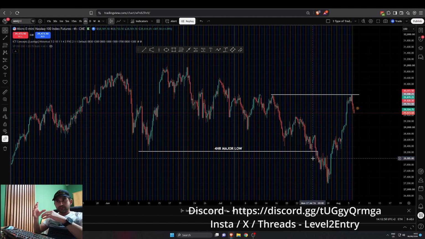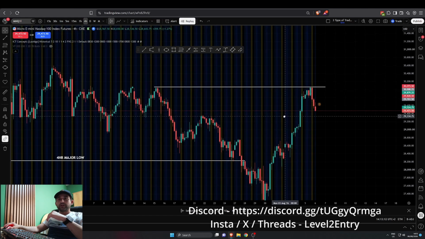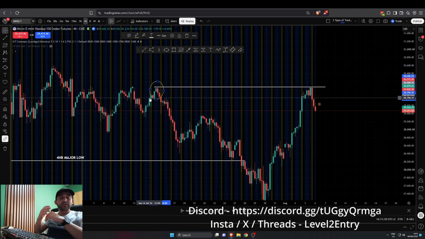So that was my thinking behind taking shorts. After I decided what the bias is for the day, I will mark my key liquidity points on the higher time frame. As you can see here, I have marked this point with the circle as one of my key liquidity points. Why?